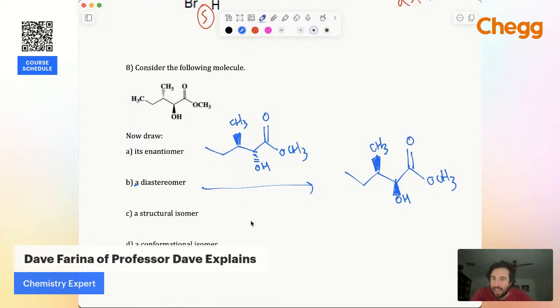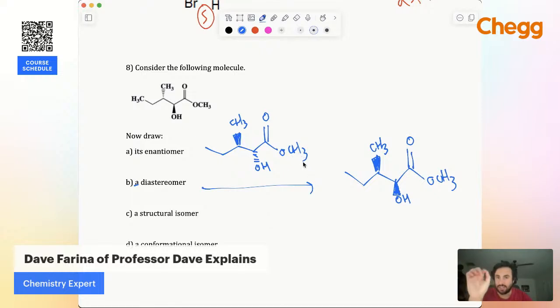Okay, now we have a structural isomer. A structural isomer has the same molecular formula, so the same number of atoms of the same elements, but differing in connectivity. Stereoisomers are not different structural isomers. Stereoisomers have the same molecular formula and the same connectivity.